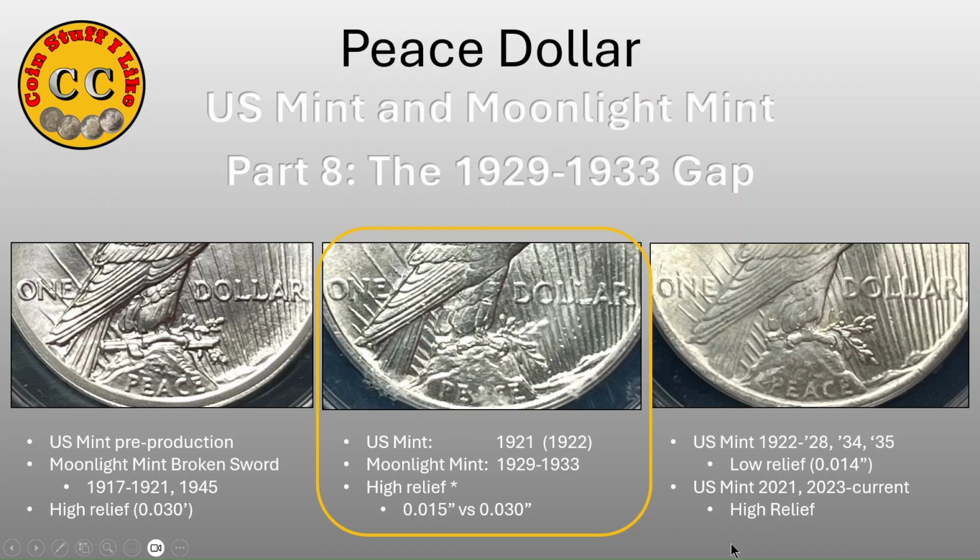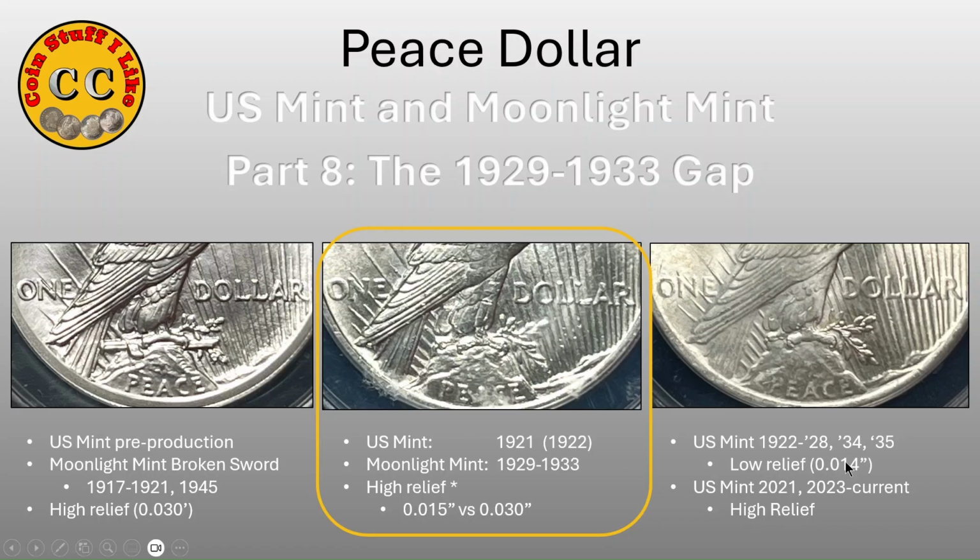Now, the original galvanos and plasters that were made had the equivalent of a 0.030 inch relief on the reverse, but the Mint chose to use half of that in their quote-unquote high relief 1921 peace dollar.